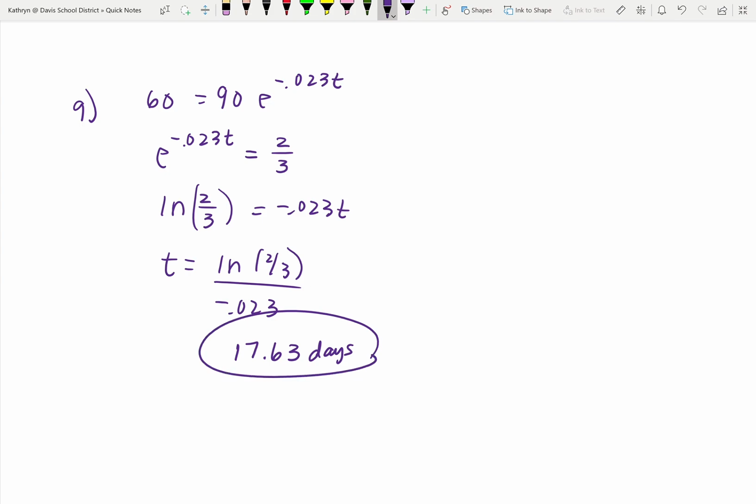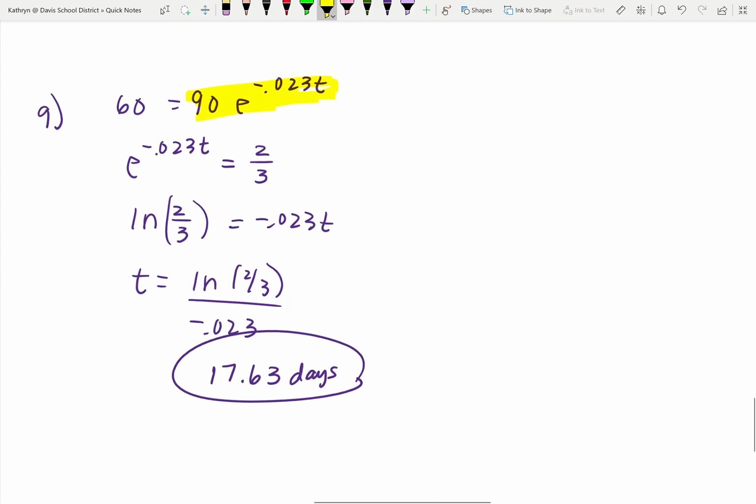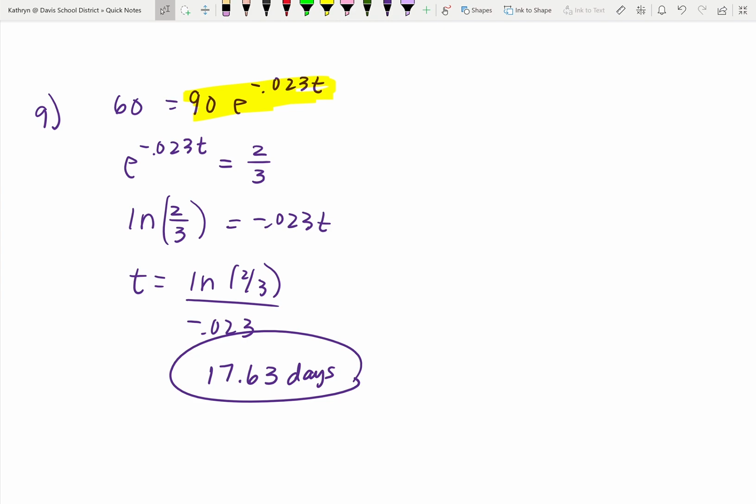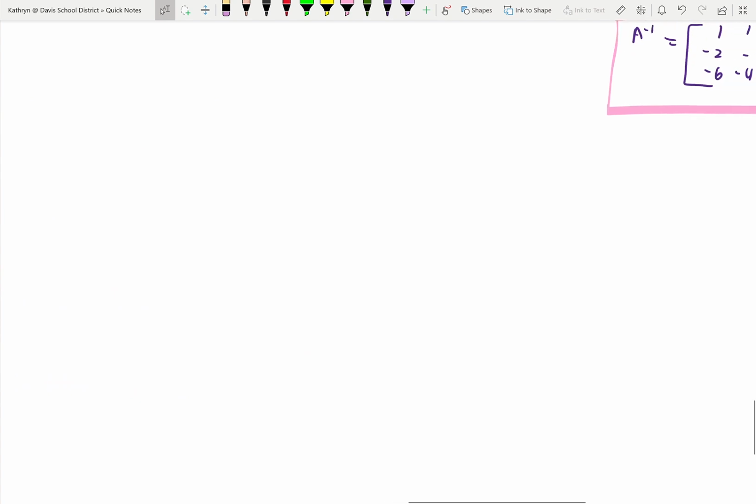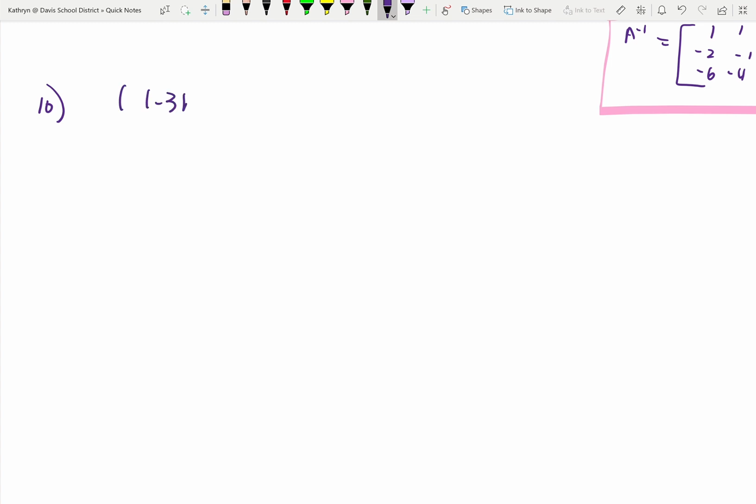Everybody hit store, enter, and then put the right side into your calculator and see if you get a 60. So go 90 second ln, negative 0.023, enter, close it, enter. I got my 60, I just checked it. You guys, checking these answers is so important. There are tons and tons and tons of problems that are checkable on this final.